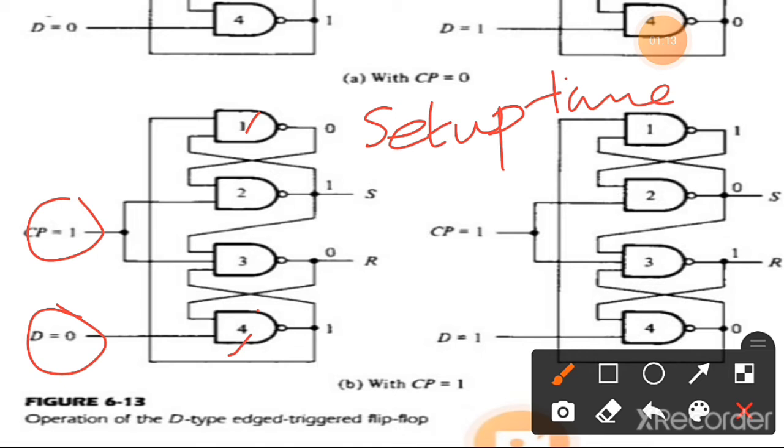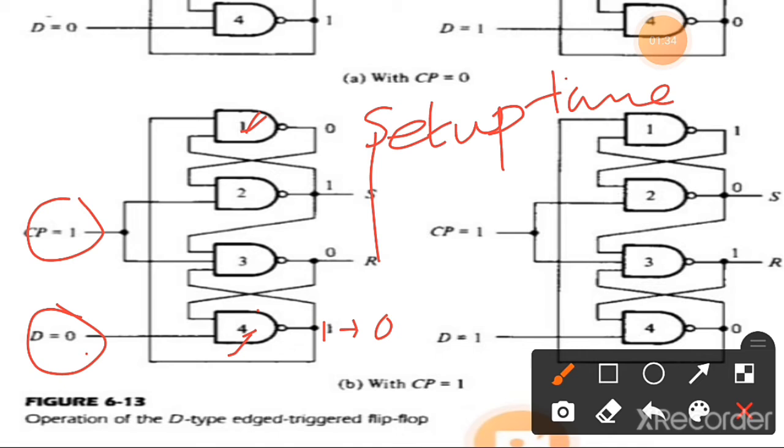We know that when D is changed from 0 to 1, the value of gate 4 changes from 1 to 0, and gate 1 changes from 1 to 0.